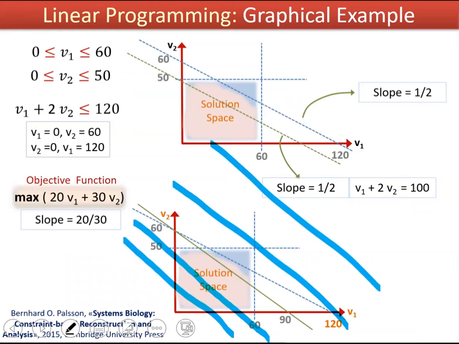So which of those lines is maximizing the objective? Which of them is still satisfying the constraints defined by the solution space and has a maximum value?